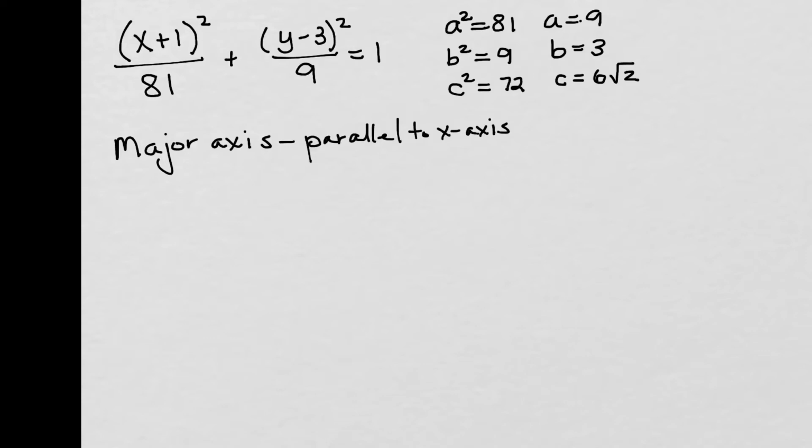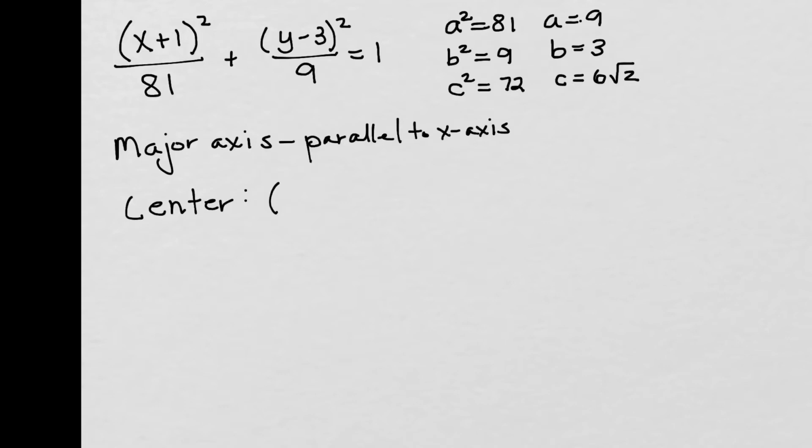All right, and let's see, what else do we know? We know that the center is at h comma k, and that's consistent with all three conic sections that you're looking at, the parabola, the ellipse, and the hyperbola.